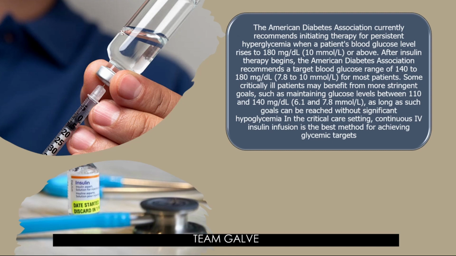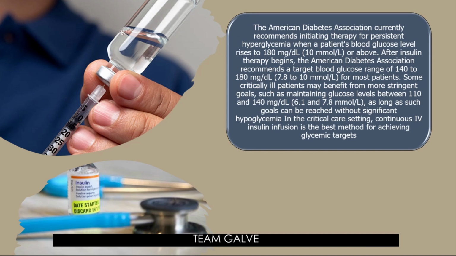After insulin therapy begins, the American Diabetes Association recommends a target blood glucose range of 140 to 180 milligrams per deciliter for most patients. Some critically ill patients may benefit from more stringent goals such as maintaining glucose levels between 110 to 140 milligrams per deciliter, as long as such goals can be reached without significant hypoglycemia.